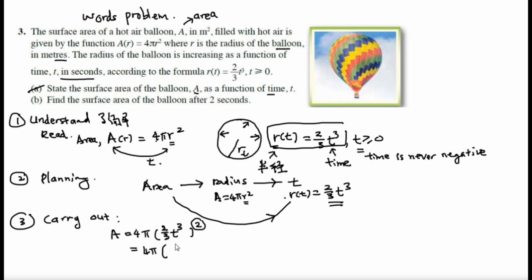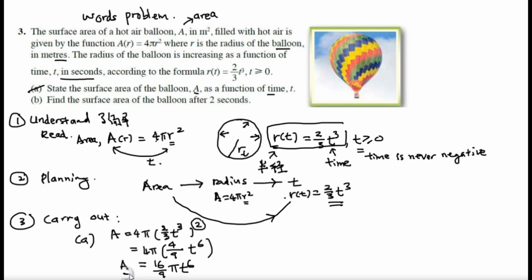It becomes 2 squared is 4, 3 squared is 9, and t cubed squared is t to the power 6, since 3 times 2 is 6. So it's equal to 4 times 4, 16/9 pi t^6. That's our answer for A.